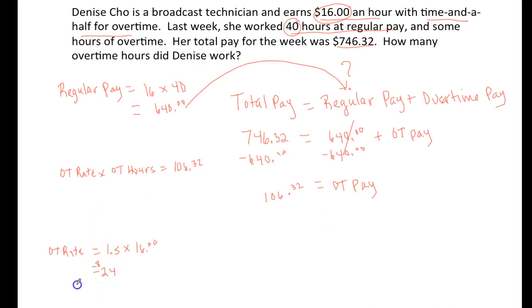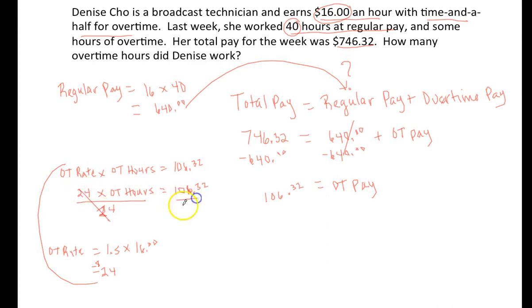Now that I know her overtime rate, I can bring it up here, and I know that 24 times however many overtime hours she had gave her that overtime pay of $106.32. Okay, so now to solve this, I take my 24, it was times, so I'm going to do the opposite and divide both sides by 24.